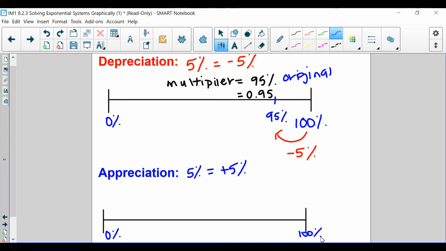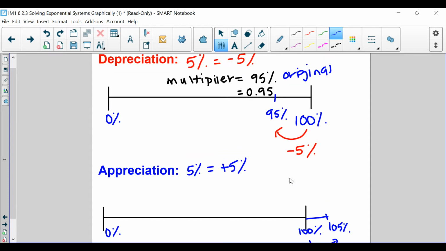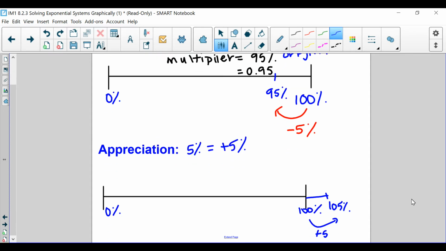If you have an increase of 5%, what's happening is that the value gets larger than 100%. It actually becomes 105%. So that's going to be the new value of the car's worth.